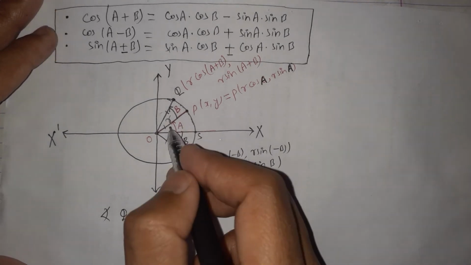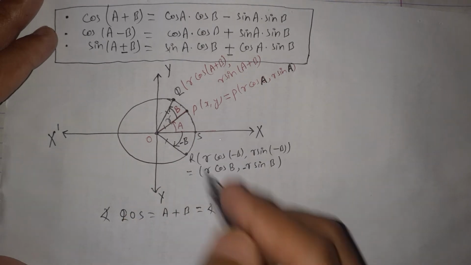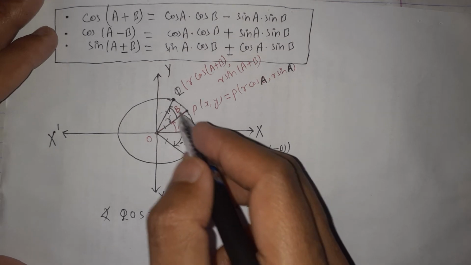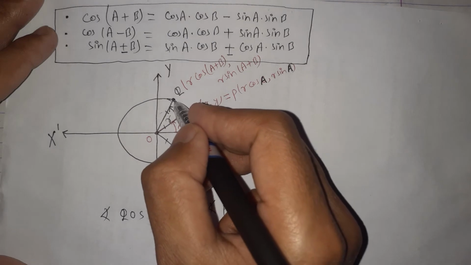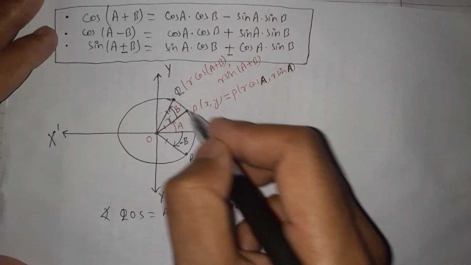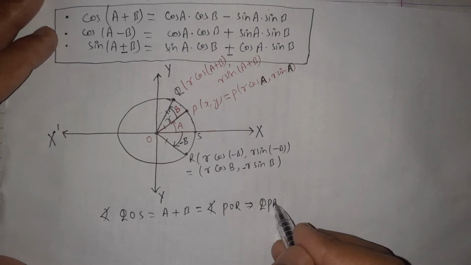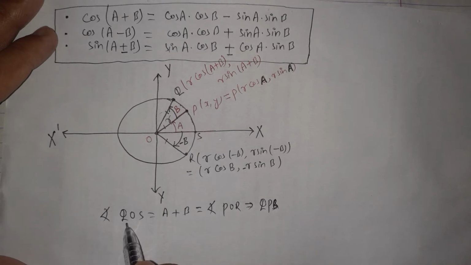And the central angles are equal, so this implies the respective chords or respective arcs are equal. The arc corresponding to the angle QOS is QPS.